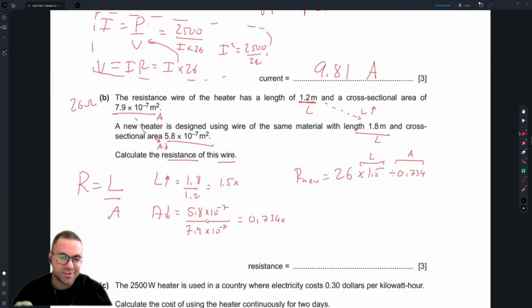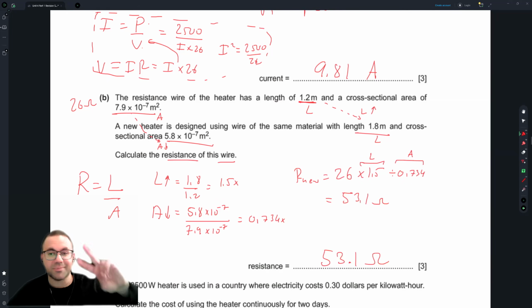You just do the opposite. Everything will fix itself. So 26 times 1.5 divided by 0.734. This gives me a 53.1 ohm resistance. This is not an easy question. It's actually quite challenging because you need to see how much it gets multiplied by, increased or decreased or whatnot. Okay.